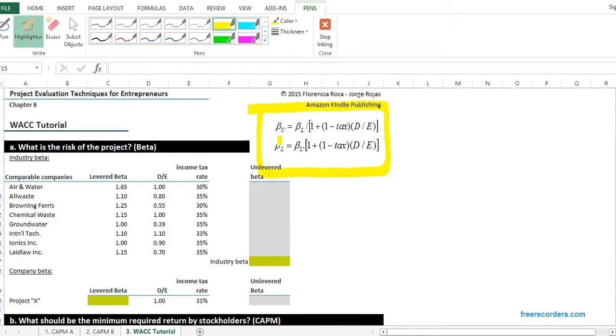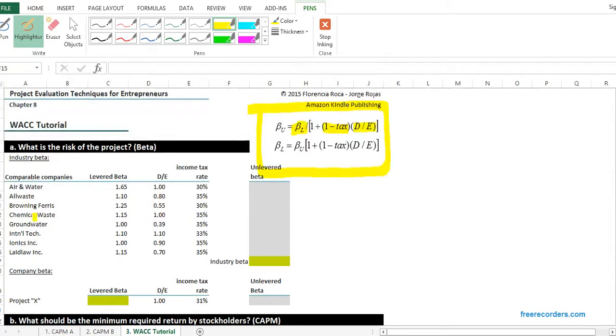You can find them here. The first is the formula for the unlevered beta. This means that starting from a levered beta, we can deduct part of the risk, which is the financial risk, and isolate the business risk. That's what the unlevered beta means.